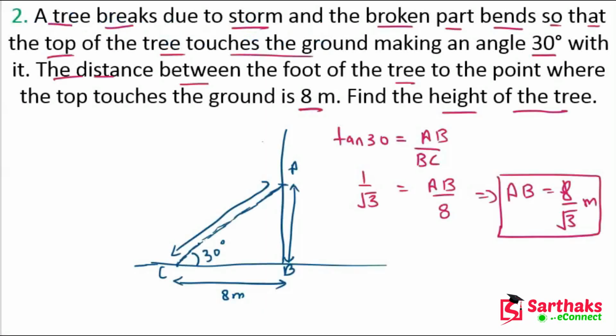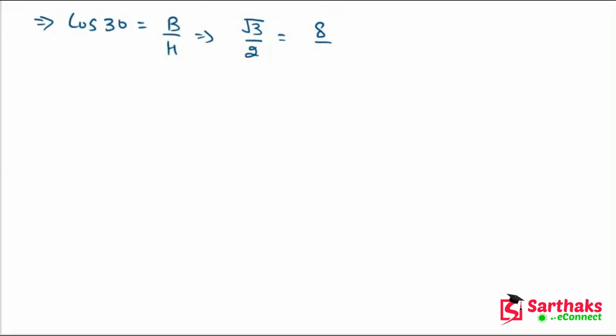We know cos 30 is equal to base upon hypotenuse. So cos 30 is root 3 upon 2, and the base we have is 8, and this is our AC.